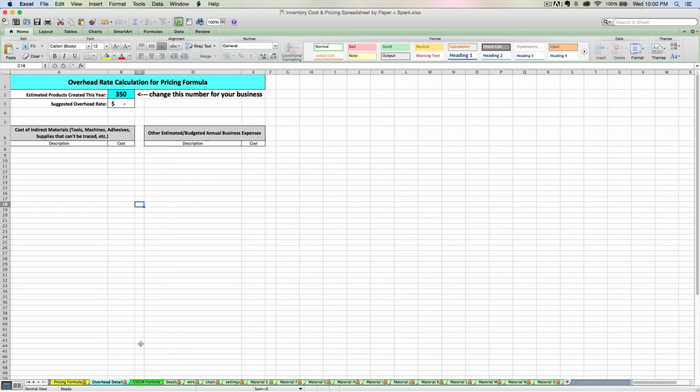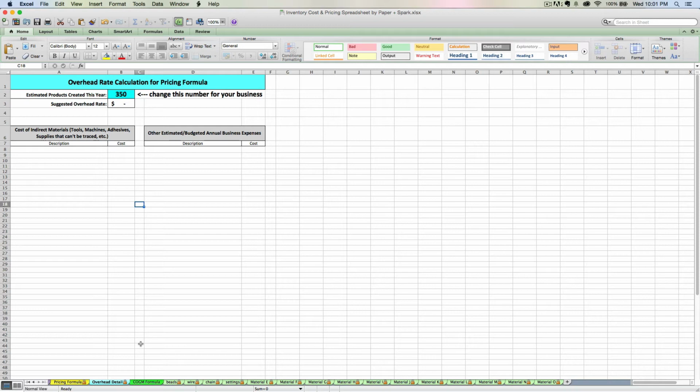So there's lots of different ways and methods to calculate your overhead rate. This spreadsheet just gives you one, and it's a very simple, straightforward method, but you're free to toy with the formula that I use here and make it work better for you if you think there's a better way.